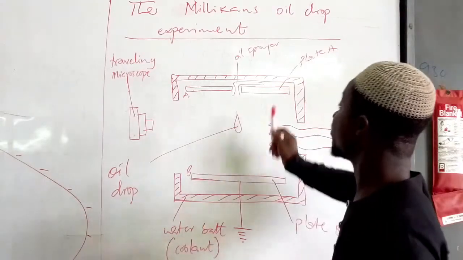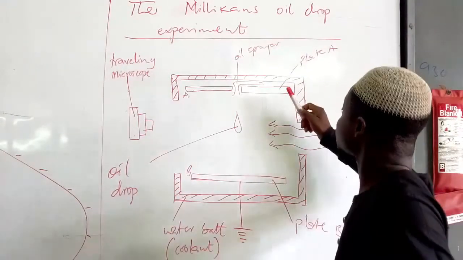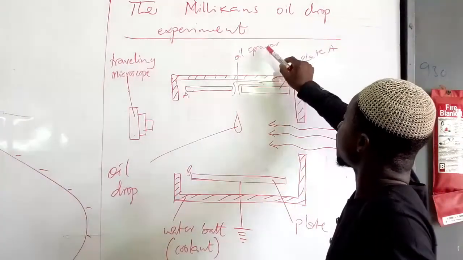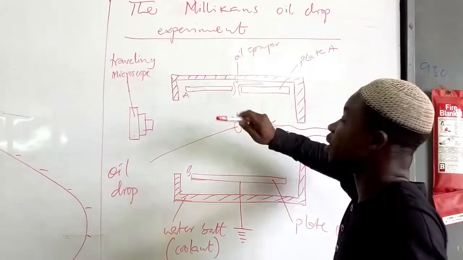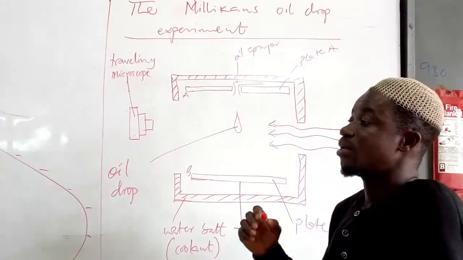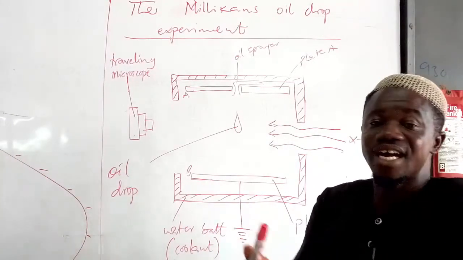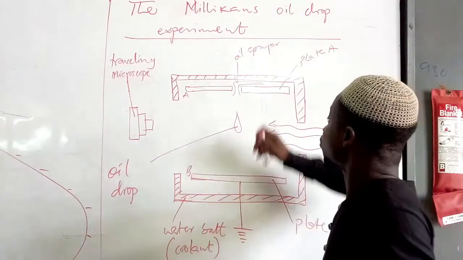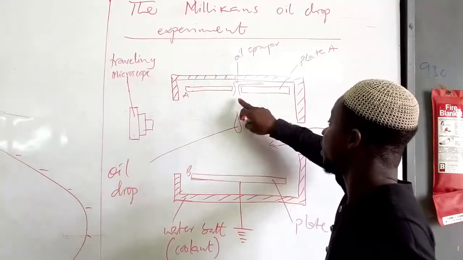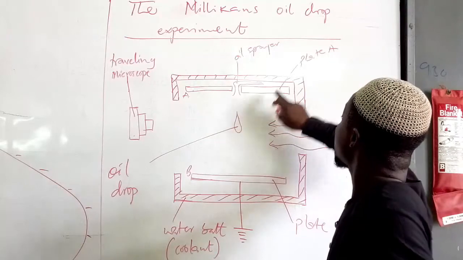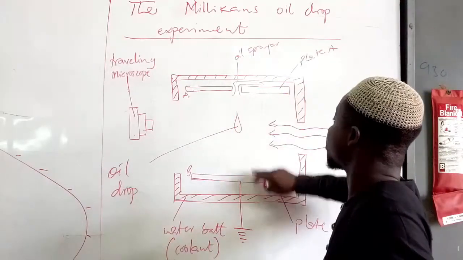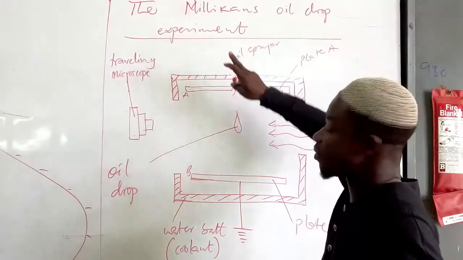So, in the Millikan's oil drop experiment, there is an oil sprayer. The function of the oil sprayer is to spray the oil and get it charged by friction. Good. Then there is plate A and plate B. Plate A is connected to a high potential.